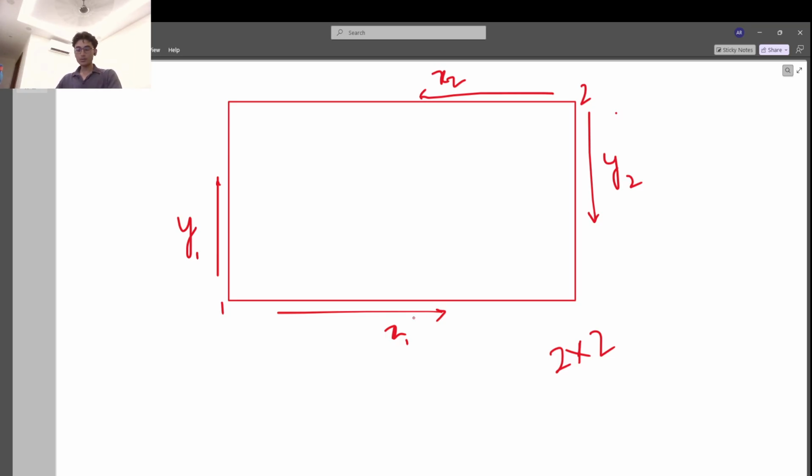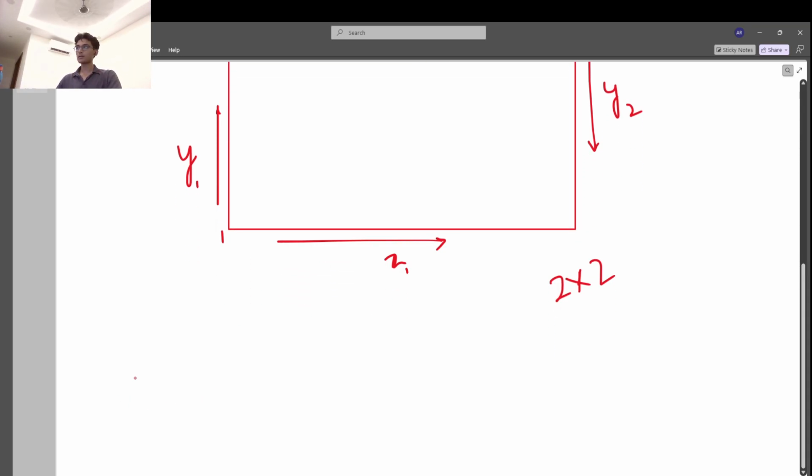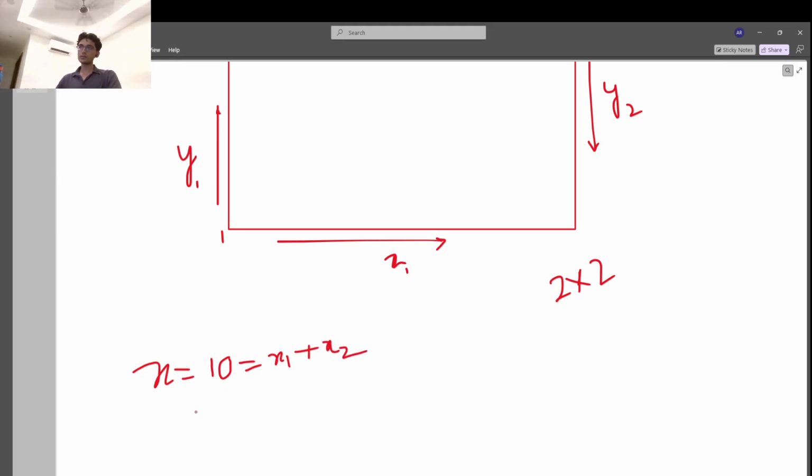So the total endowment of x is equal to 10, or x1 plus x2 equals 10, and y1 plus y2 is again equal to 10.